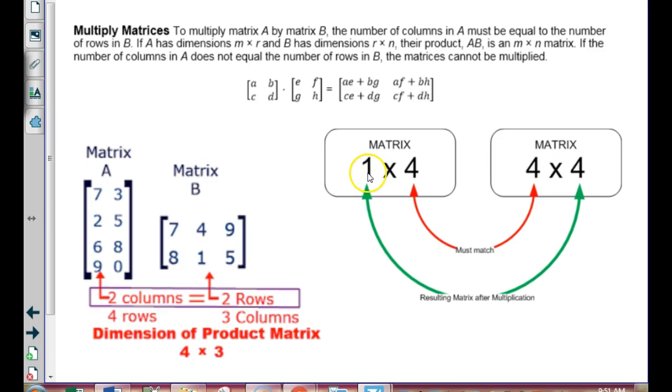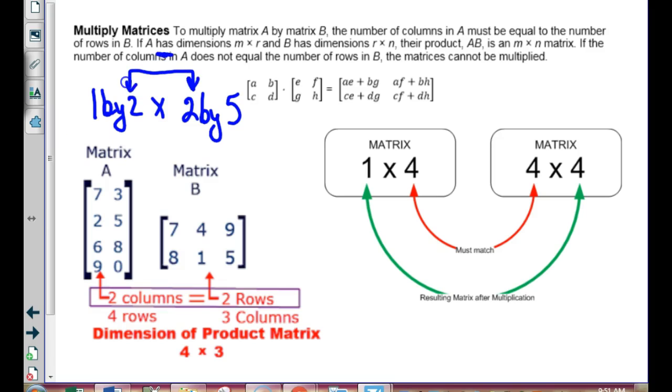So you can multiply, we'll say, 1 by 2 by a 2 by 5. Okay? These must match up.